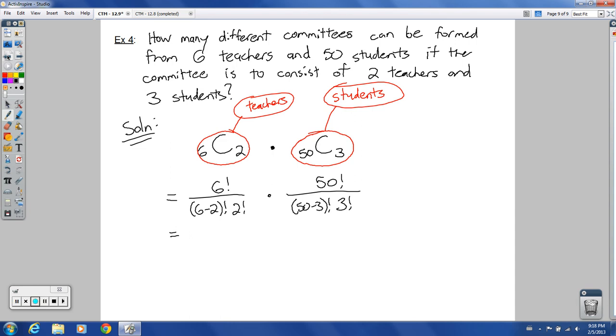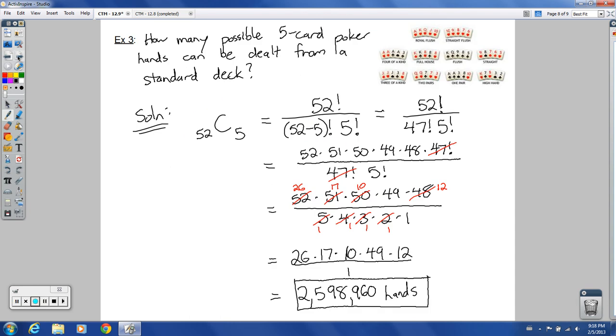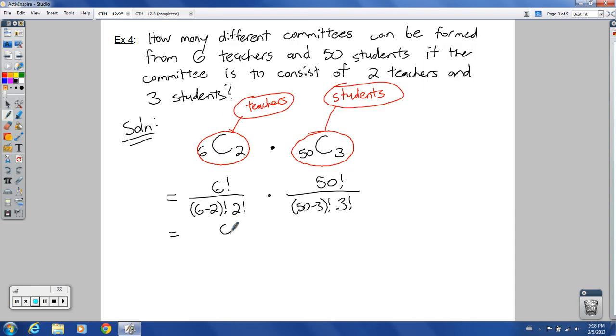And we'll use this shortcut way again here to make life simpler. So you have 6 factorial over 4 factorial times 2 factorial, times 50 factorial over 47 factorial times 3 factorial. So we can write this 6 factorial as 6 times 5 times 4 factorial, over 4 factorial and 2 factorial.